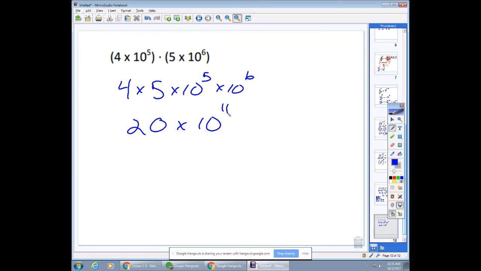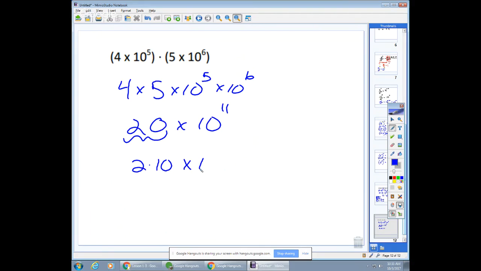So I think I could write this as 4 times 5 is 20. 10 to the 5th times 10 to the 6th would be 10 to the 11th like before. That's an okay answer. I think it's right. Is it in scientific notation? No. To be in scientific notation, I would have to rewrite this 20 here as 2 times 10.